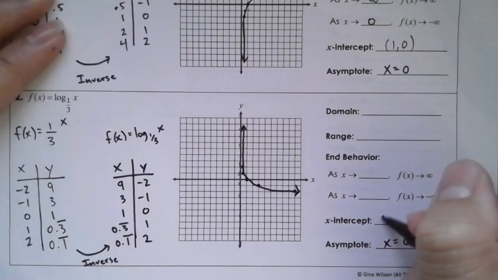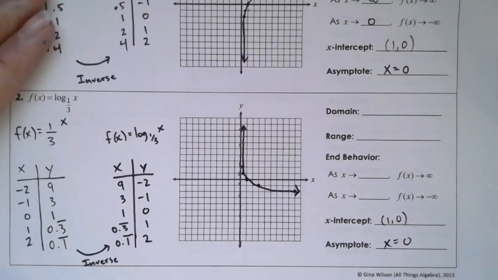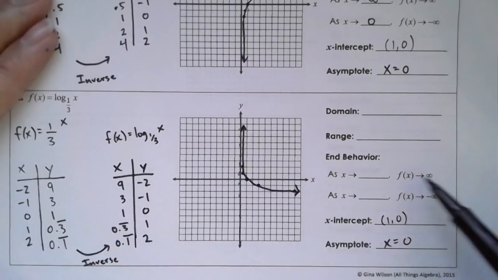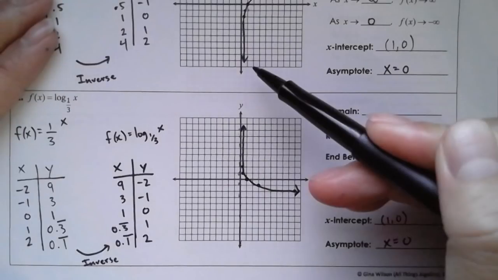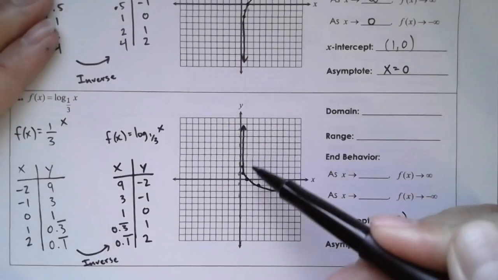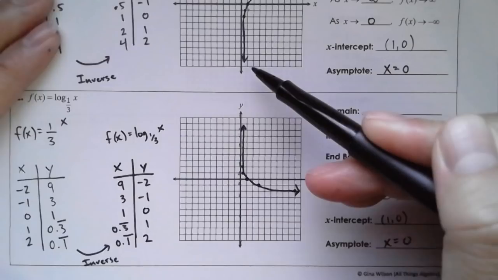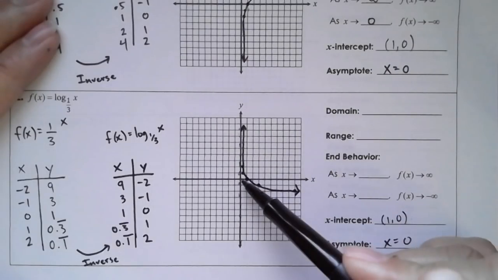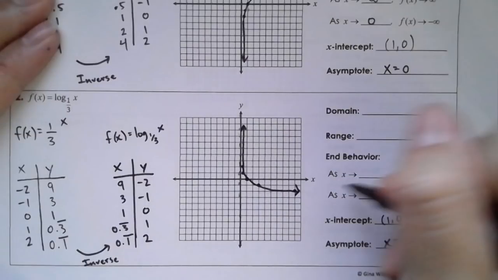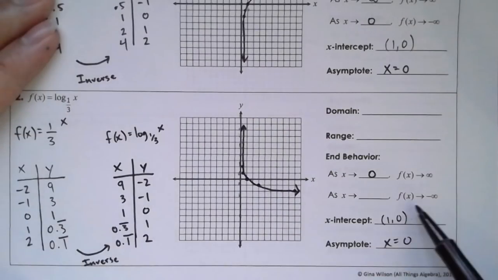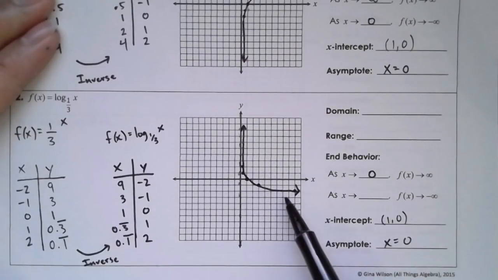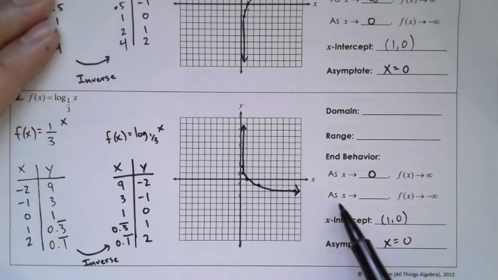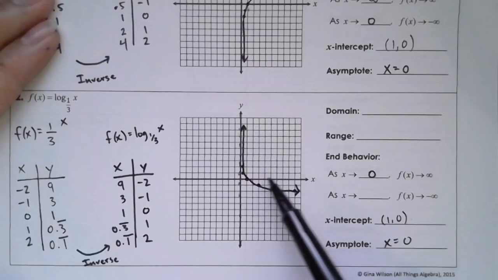f of x does go to infinity. Again, what does x approach as f of x goes to infinity? You can see that x has to get closer and closer to 0 to see this type of behavior. As f of x goes towards negative infinity, it looks horizontal, but this line technically will keep going down and down. x would go this direction, so towards positive infinity.